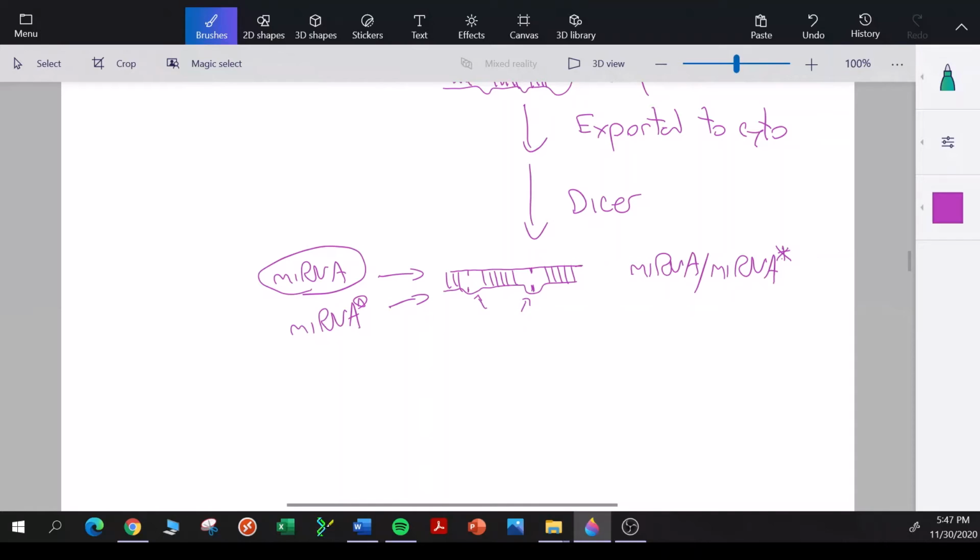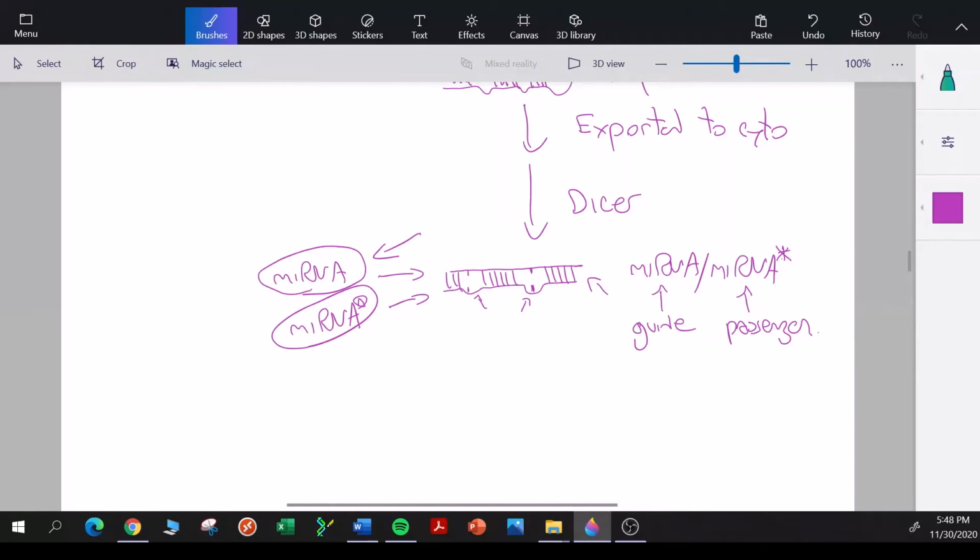Just like the siRNAs, where one strand is incorporated into the RISC complex, only one of these strands is going to be incorporated, and these microRNAs have evolved so that it's usually the microRNA, not the microRNA star, that's incorporated. Now, the microRNA is also called the guide strand. The microRNA star we are going to call the passenger.